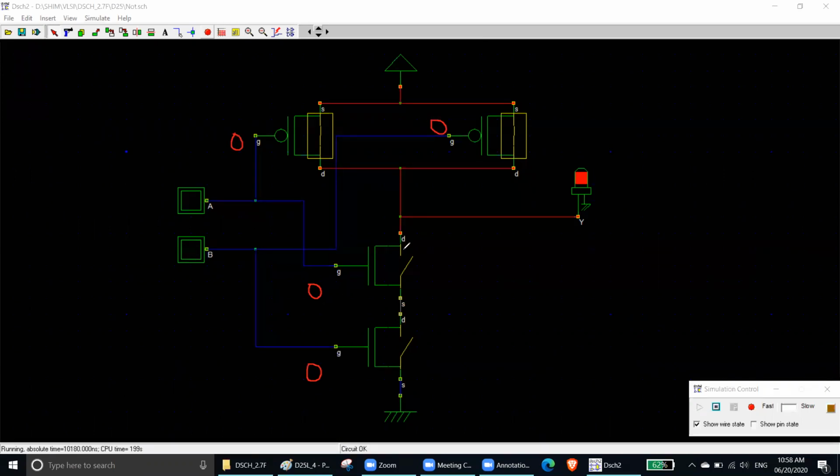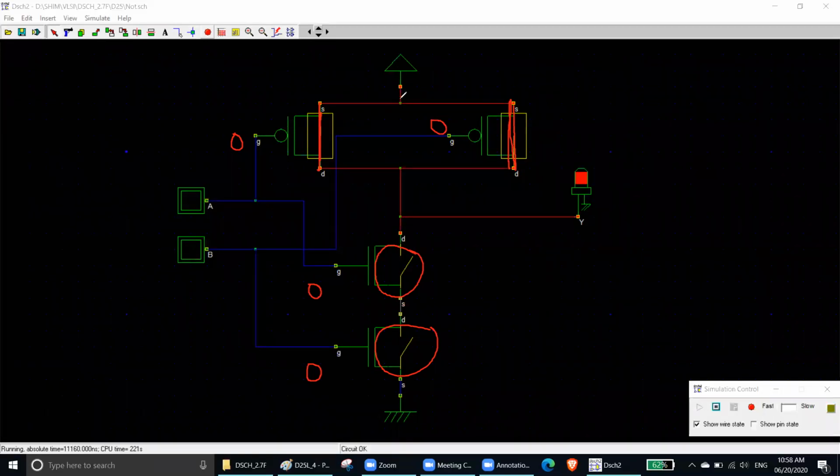So at 0, your NMOS is off, but your PMOS is on, right? So a current will come from the VDD.